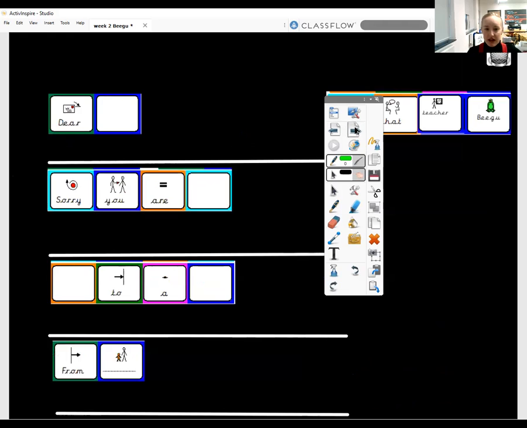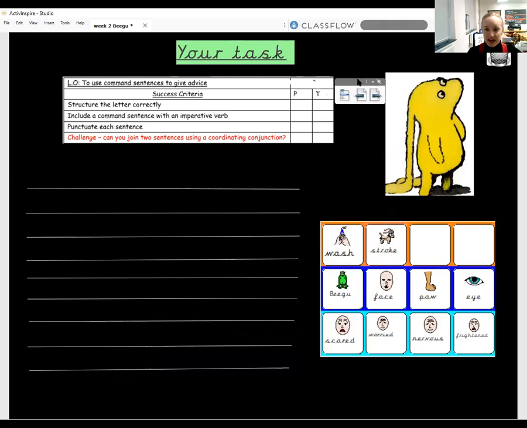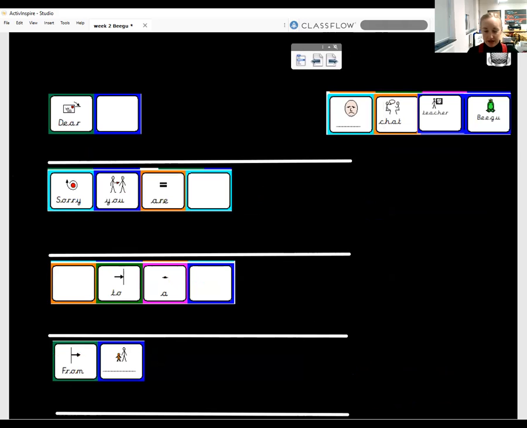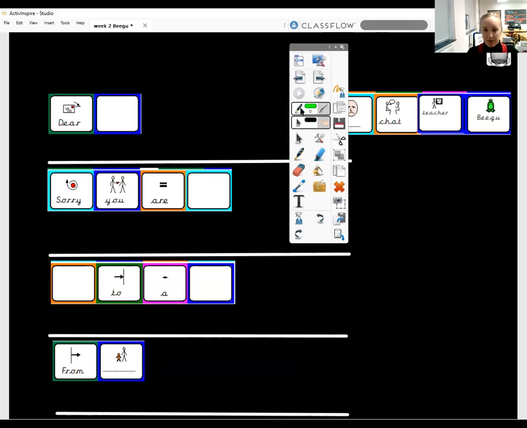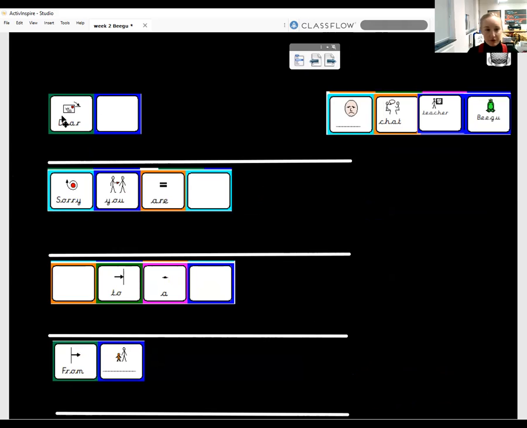Some people today are going to continue to do this task, and I've popped this on the school website for you to use, okay? Or you can freeze this screen now because you don't need to print it off and just have a go at writing your letter. If you need some help to structure your ideas, I've popped this on here for you to use.